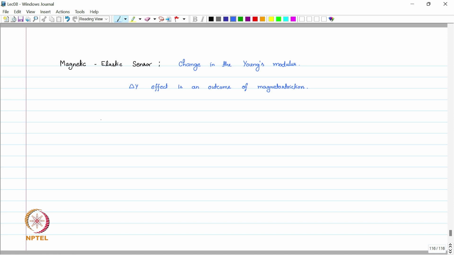A demagnetized ferromagnetic material, when it undergoes a mechanical stress, develops two types of stresses.